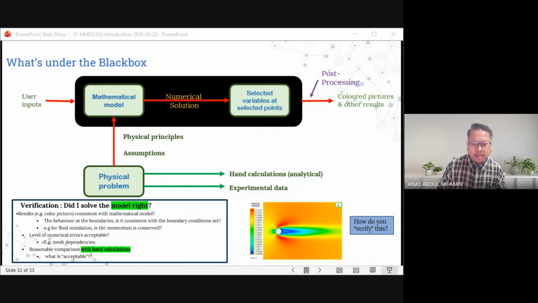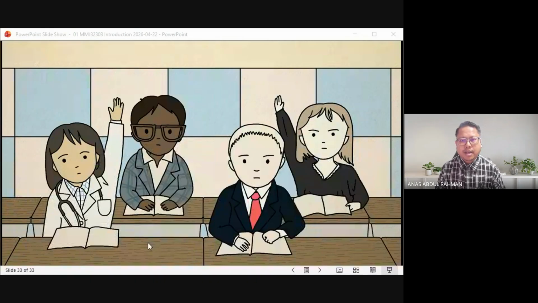So the figures, for example, don't magically appear like this. The question is, how do you verify that this result is okay or not okay? I think that's the question that you can learn from this lab that we're going to do from week 8 until week 10 soon. All right, so that's all for the introduction.